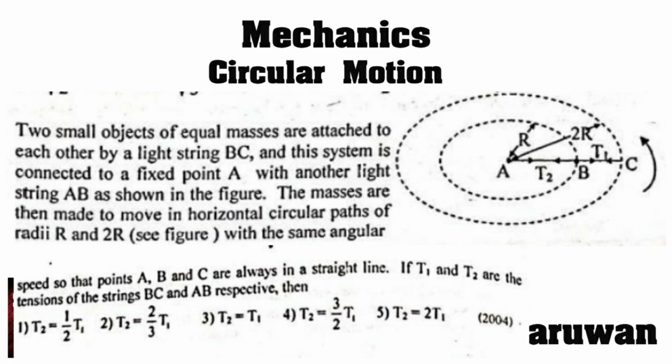The masses are then made to move in horizontal circular paths of radii r and 2r with the same angular speed, so that A, B, C are always in a straight line. If T1 and T2 are the tensions of strings BC and AB respectively, then we have to get the relationship.